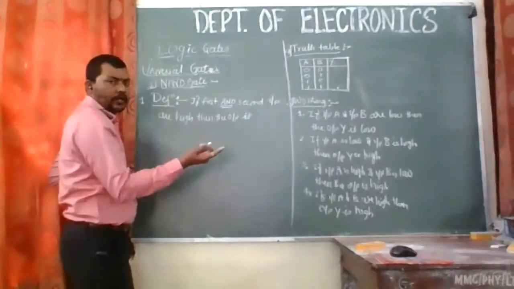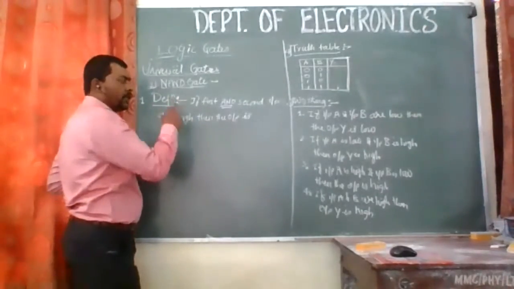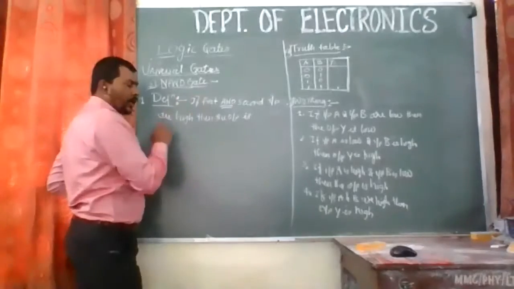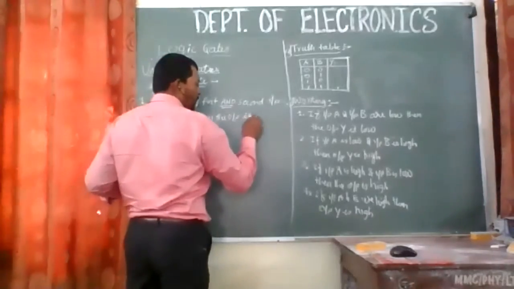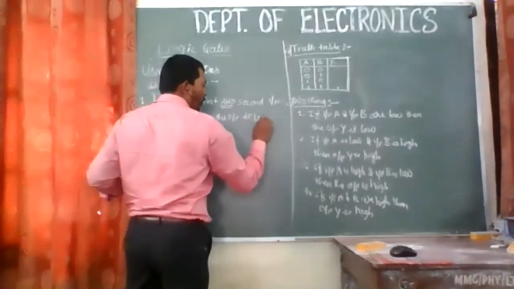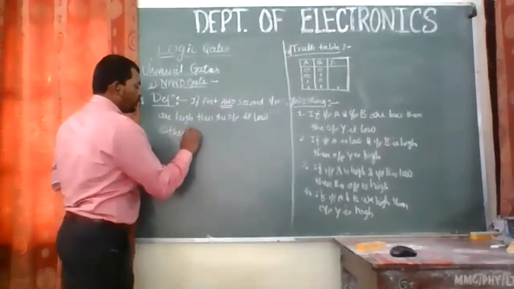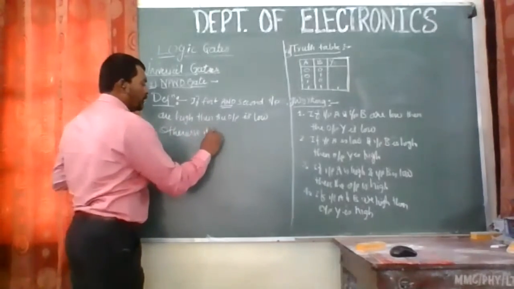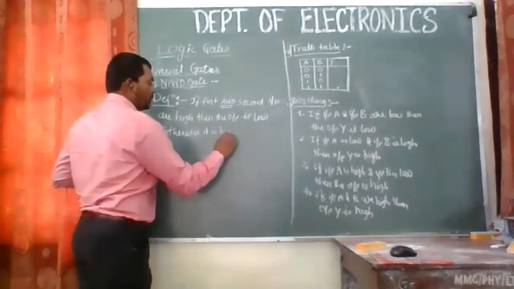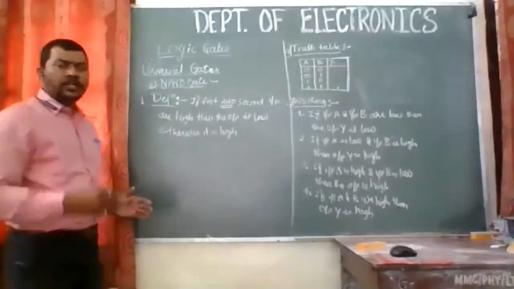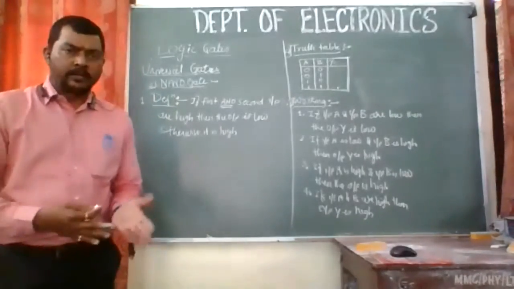In the NAND gate, we have to write the complement of it, which implies that if first and second inputs are high, then only the output is low. Otherwise, it is high. Remember this. The definition is the reverse of the AND gate, right?